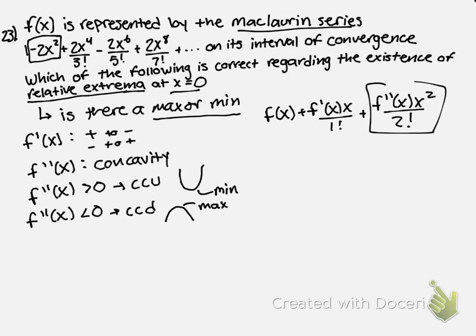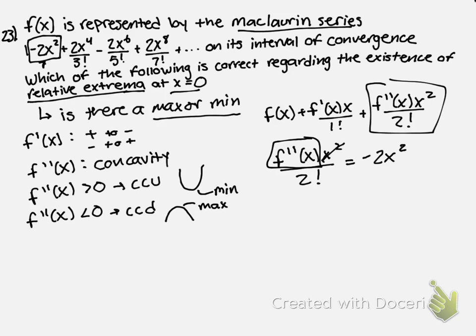So using this term, we're going to set it equal to the term we're given in the problem. So we have f double prime of x times x squared over 2 factorial equals negative 2x squared.